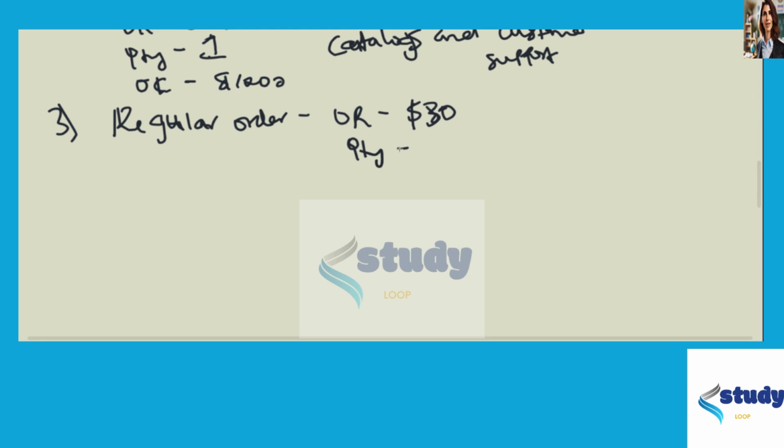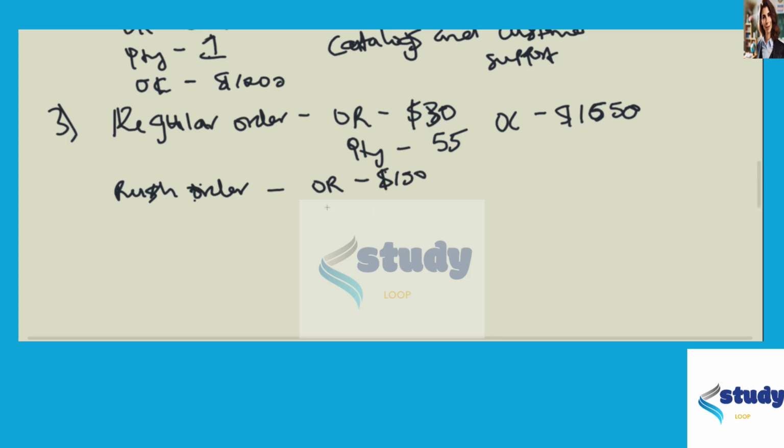The total quantity is 55, and then the overhead cost would be 1,650. I'm sorry, that's the multiplication of both of them. Now for the rush order, the overhead rate is 150. The quantity is 12, and the overhead cost allocated is 1,800.